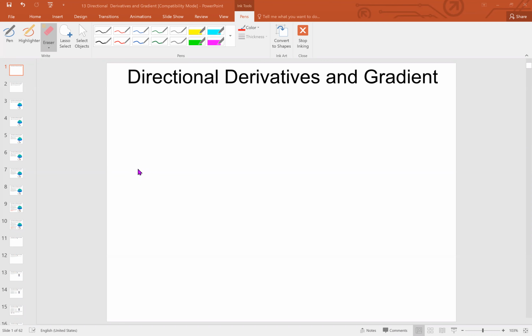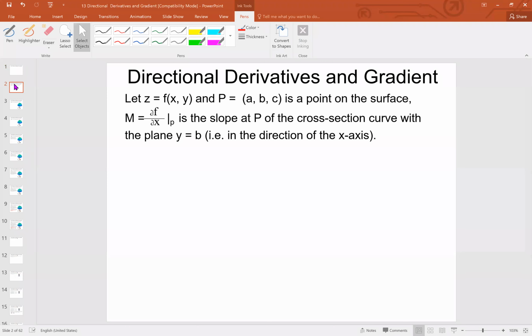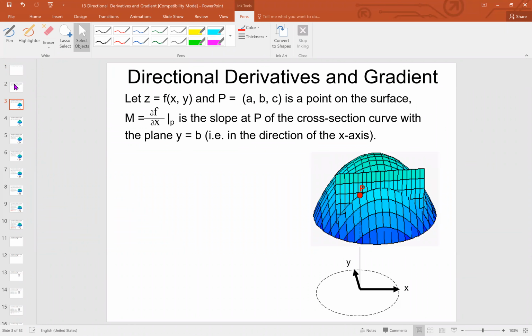We have partial derivatives. For example, at a point P on a surface, here's the picture, and P is (a, b, c). We take the partial derivative with respect to x, which means we set y to the constant b, a plane y = b.